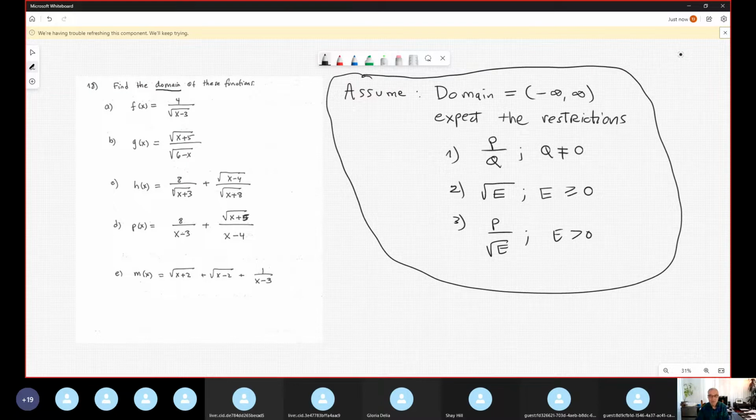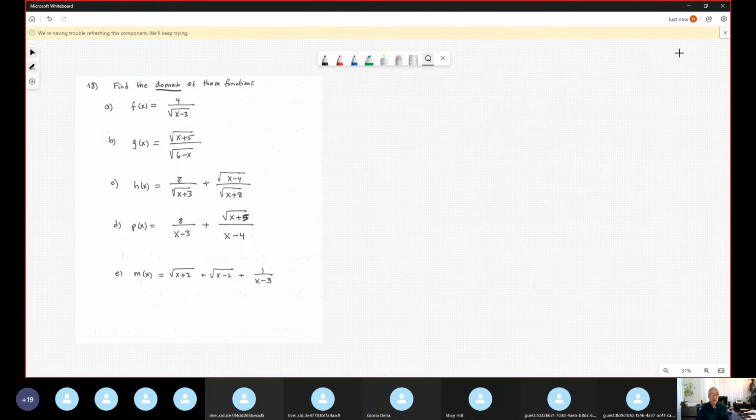Elsa is a yes. Okay, let me erase everything. Let's do it one by one. Okay, this is not easy. Suppose the first one. The function is given: f of x equals 4 over radical x minus 3. So you see a radical in the denominator.